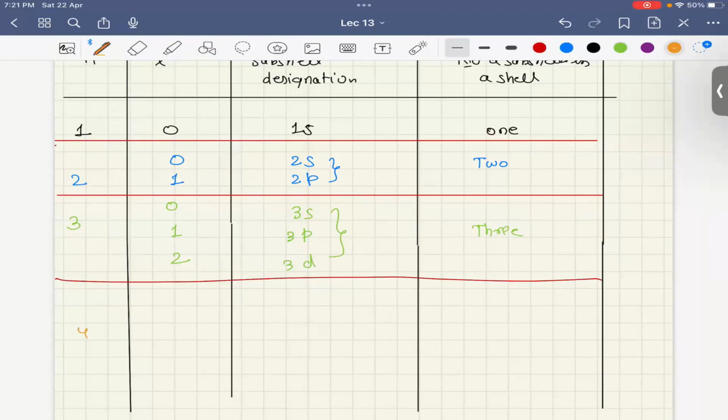Now we have 4. The allowed values will be 0, 1, 2, and 3. So this will be 4s, 4p, 4d, 4f. Club together we have 4.